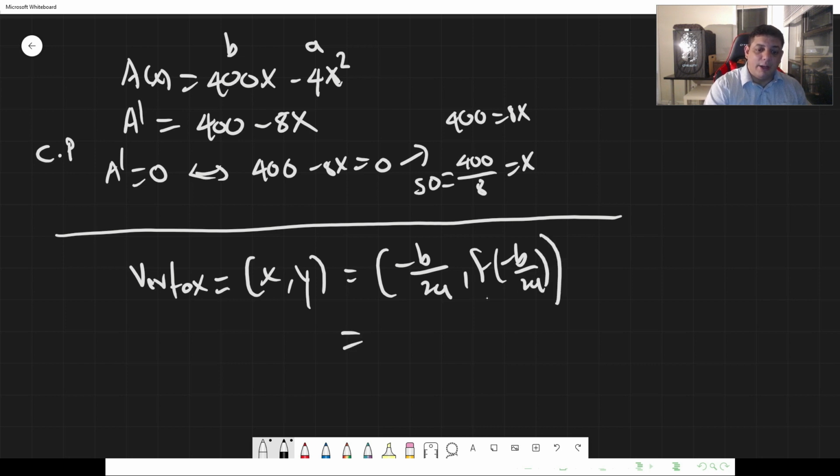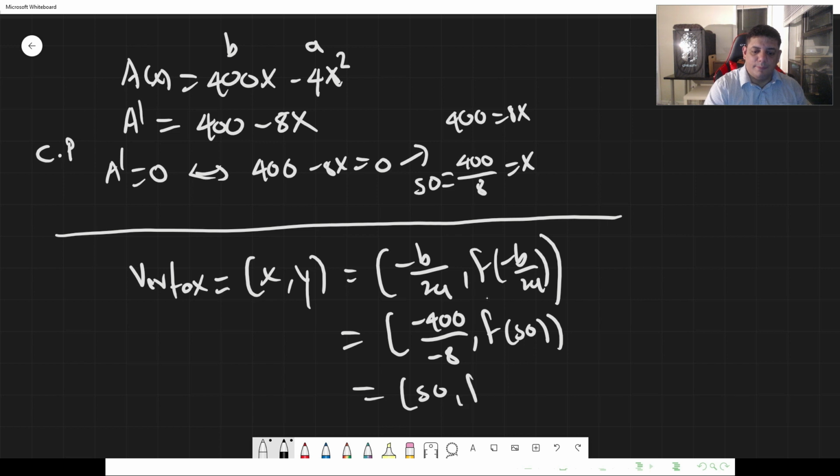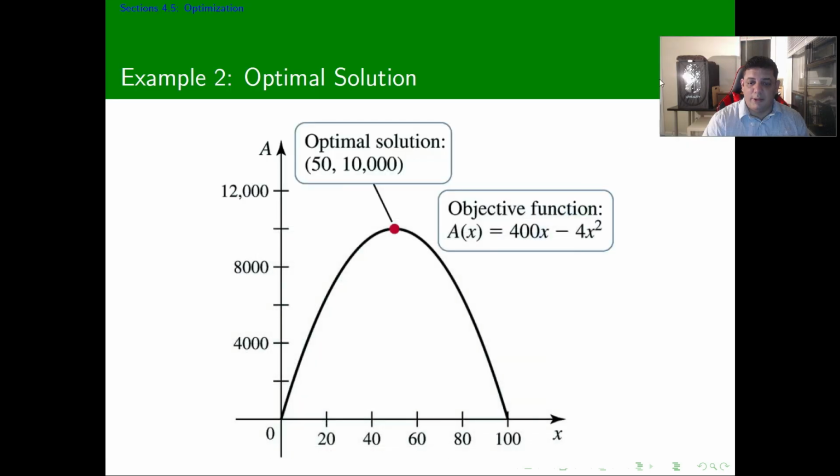So notice that this is going to be minus B, which is minus 400, over 2 times A, which is minus 8 from here. And so that's going to give me 50. And so we're going to have 50, F of 50. And that's where the maximum, the vertex, is going to be located. So we have the optimal solution here given by 50, 10,000.